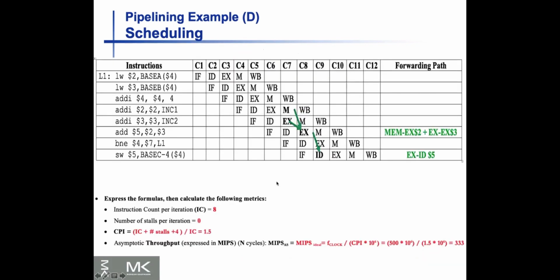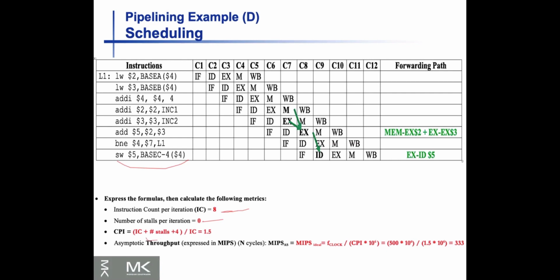So finally, you're gonna see that the rescheduled code, right? Load, add branch, and the delayed slot for the store will effectively resolve all the branches, right? Now you have 8 instruction counts, no stall.